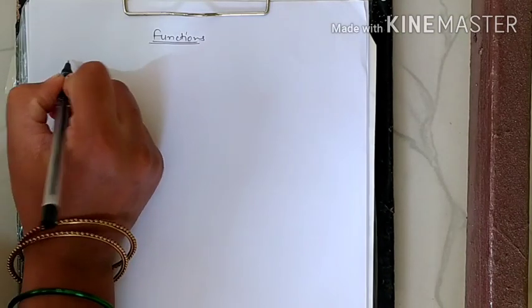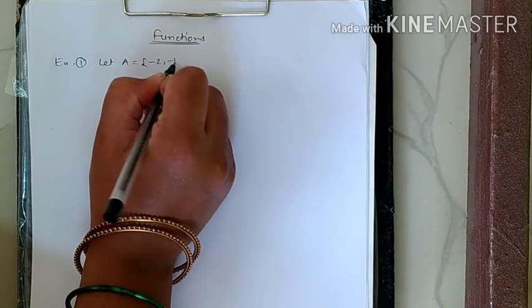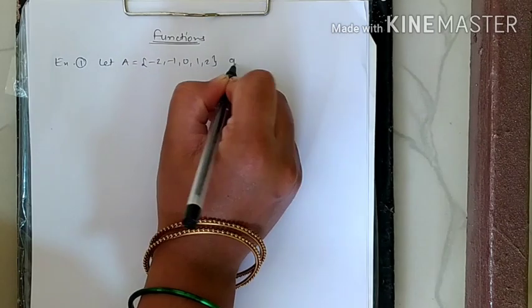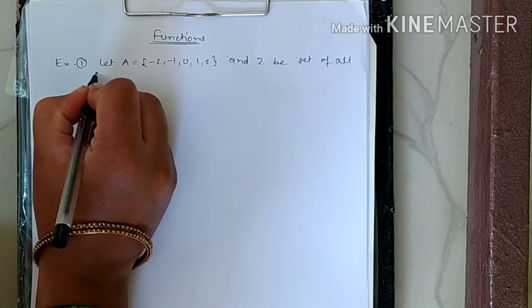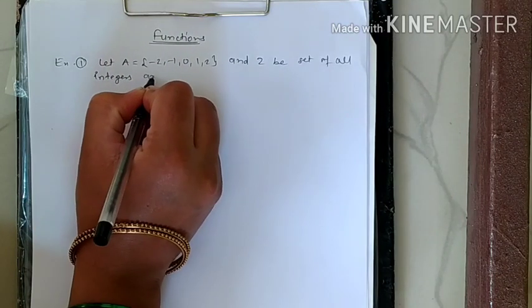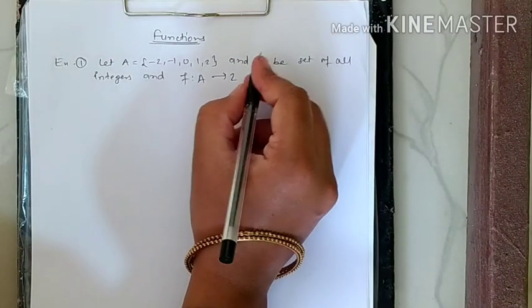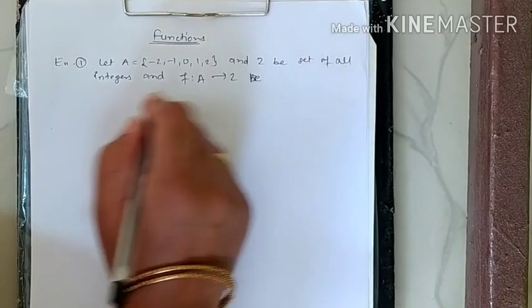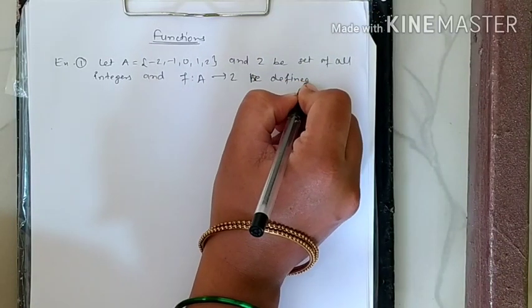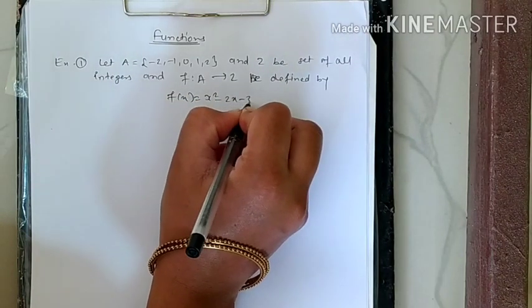Let set A having elements -2, -1, 0, 1, 2 and Z be the set of all integers, and f from A to Z is defined by f of x equals x square minus 2x minus 3.